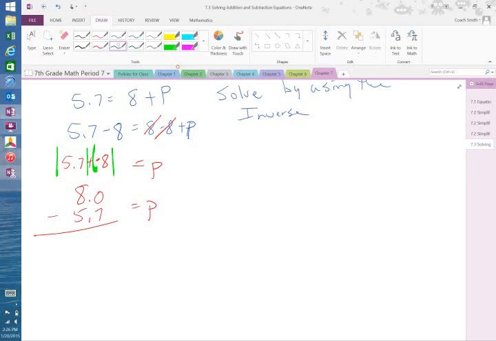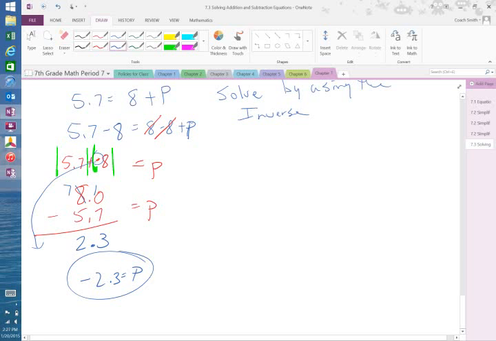Now, I have to borrow, making that a 7, making that a 10. 10 minus 7 is 3. Bring down my decimal. 7 minus 5 is 2.3. The larger absolute value is the negative, so I must bring it down into my answer. We're adding a positive and a negative, which means that we're subtracting their absolute values.